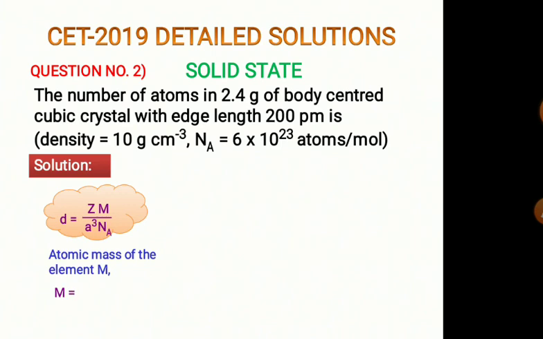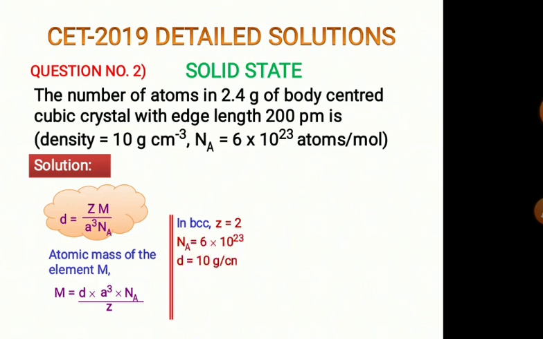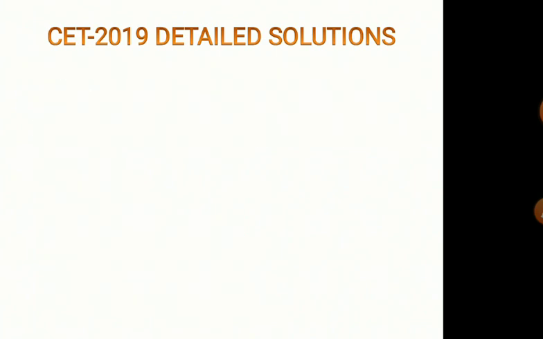Atomic mass of M we can calculate by D into A cube into Na divided by Z. For BCC, Z is equal to 2, Na is equal to 6 into 10 to the power 23, and D is equal to 10 gram per cm cube. The A value also we will consider in cm, so 200 picometer means 200 into 10 to the power minus 10 centimeter.